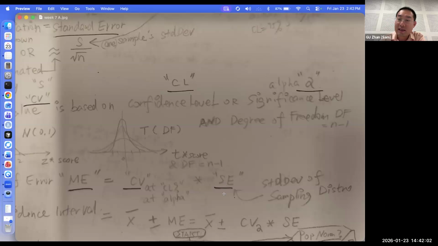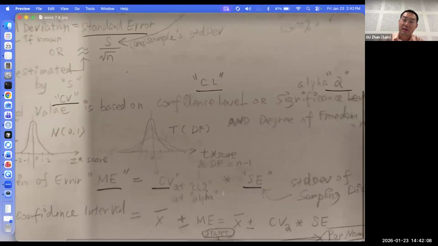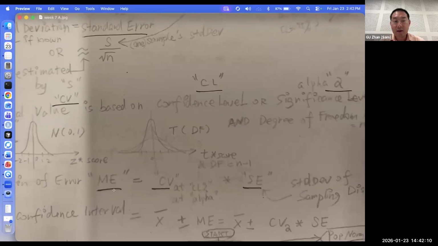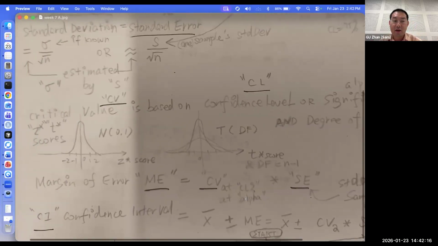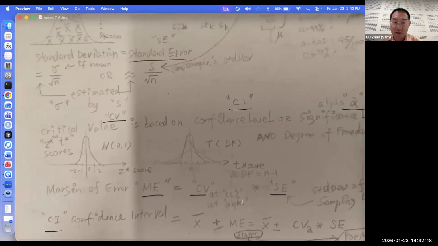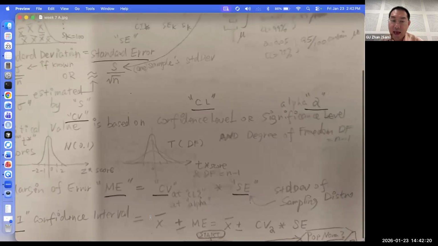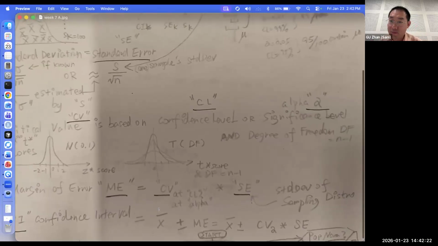Then times SE. SE, the standard error or the standard deviation of the sampling distribution. So you always remember this magic formula: margin of error equal to critical value times standard error. Then the confidence interval is quite straightforward. Confidence interval is X bar, which is a sample mean.